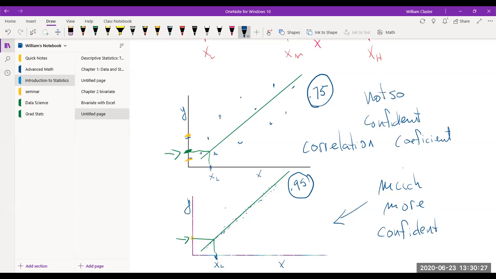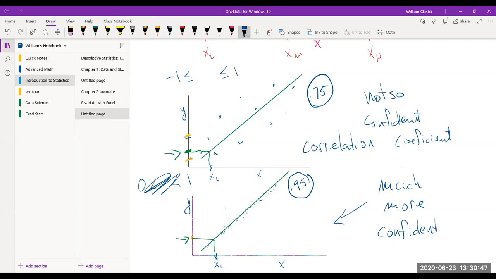And I'm sorry, the correlation coefficient is always between 0 and 1. Sorry, wrong. The correlation coefficient is always between -1 and 1.